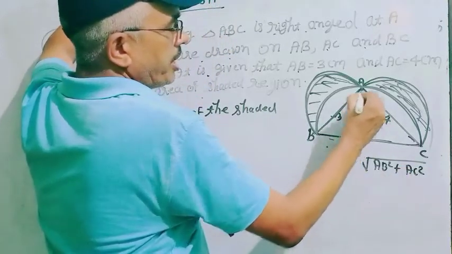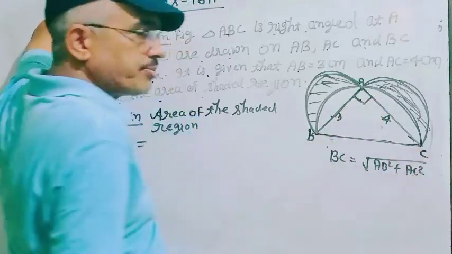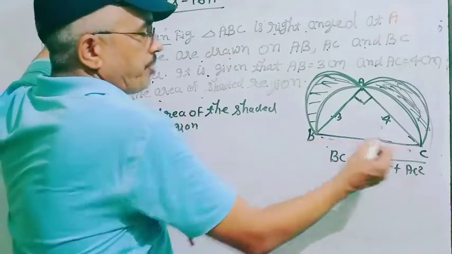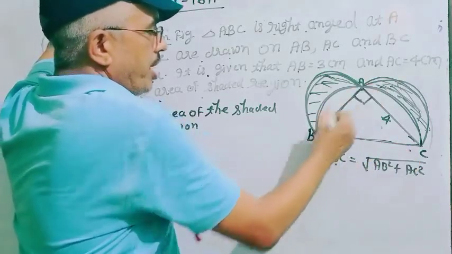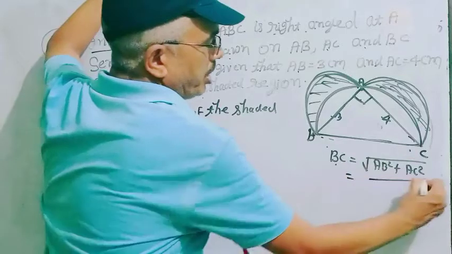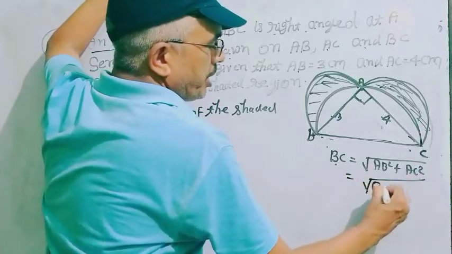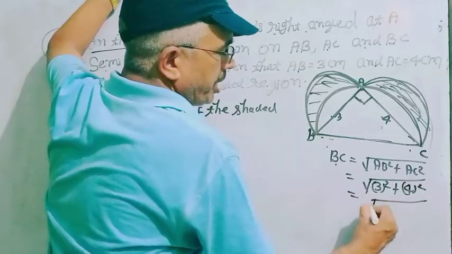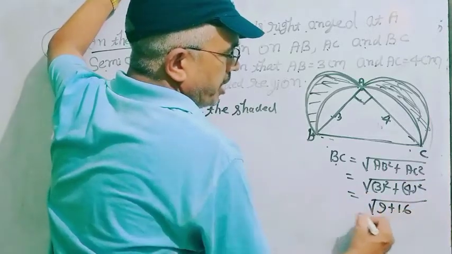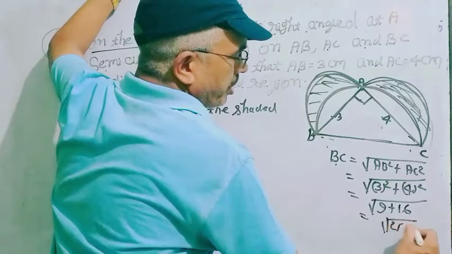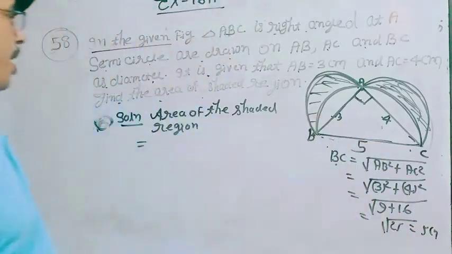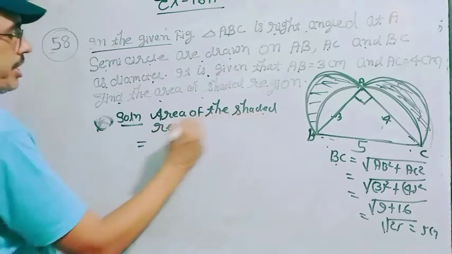Because A is a right angle, it is clear BC works as the hypotenuse. Here AB is 3 square and AC is 4 square. Hence you write it is 9 plus 16, that is 25. It is equal to 5. So BC is 5.